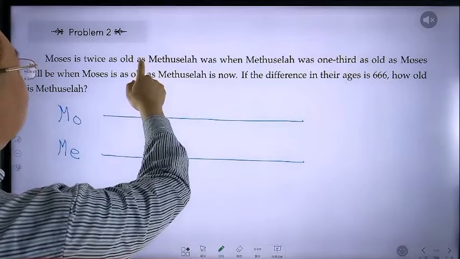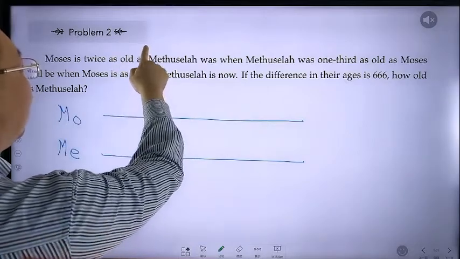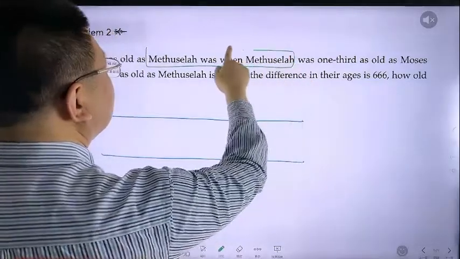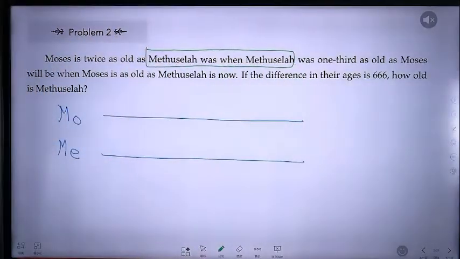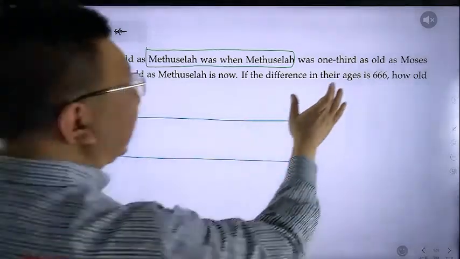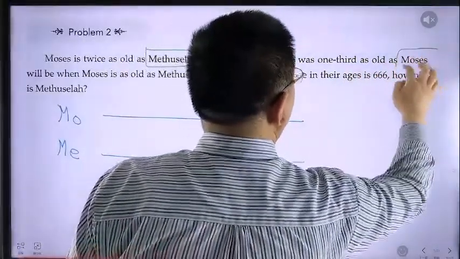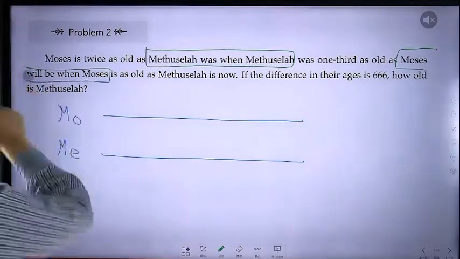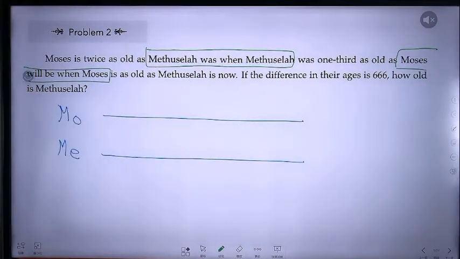You see this condition, as old as ME was when ME was, mathematically this just means ME was a certain number. And as old as MO will be when MO is, this is also just talking about MO.